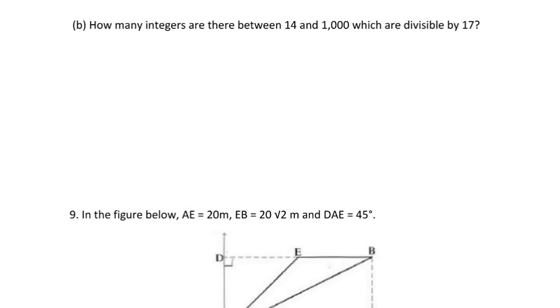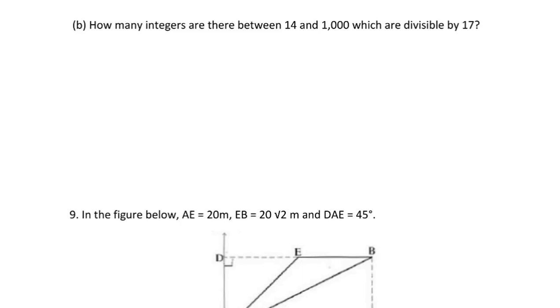Okay, so part B of the question, how many integers are there between 14 and 1000 which are divisible by 17? This is an arithmetic progression problem. Okay, so for integers between 14 and 1000, the number that can be divided by 17 starts at 17.